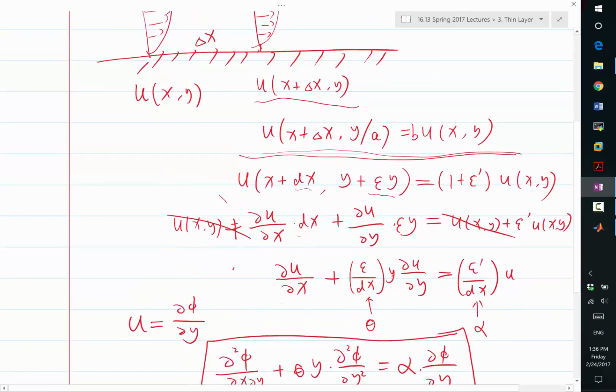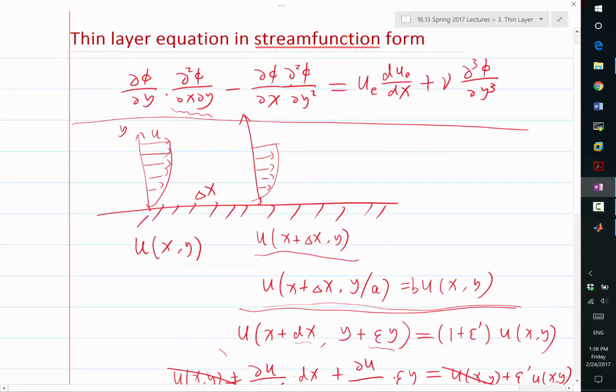Okay, but I have another x derivative here. If I can get rid of this and get rid of this, then great. This is a forcing term, right? And in Blasius's equation, what is this actually? For Blasius's boundary layer, it's 0, right? Because the Blasius is a flat plate and the external velocity is uniform, right?